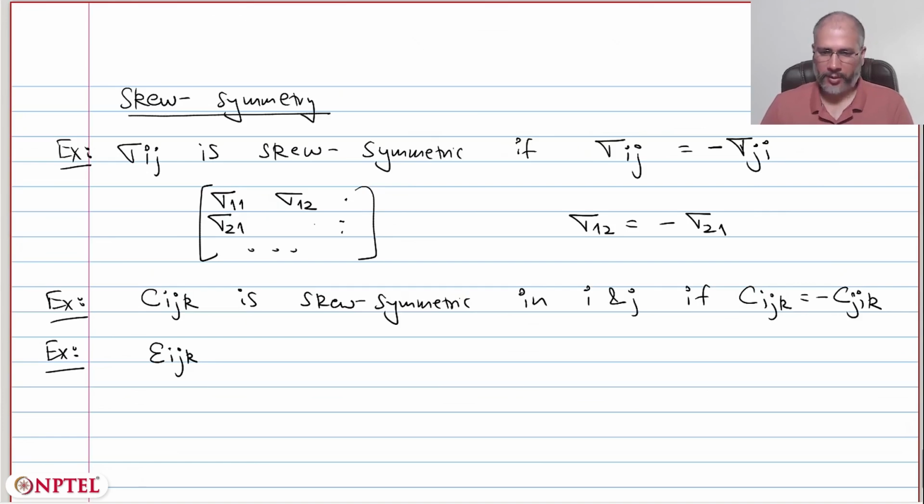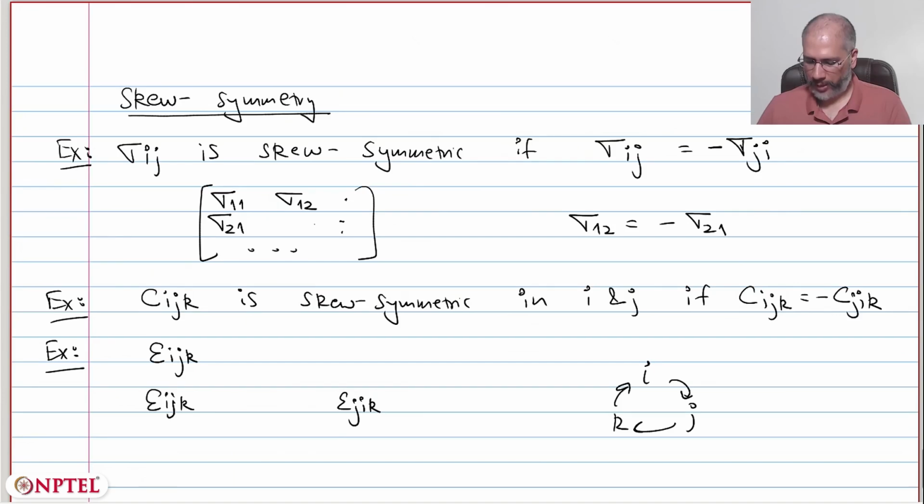So let's talk about skew symmetry in i and j. Epsilon ijk, compare that with epsilon jik. Here, ijk is one order, whatever that is. If I swap the indices j and i, then the order changes. Now I have jik, which is the reverse order.